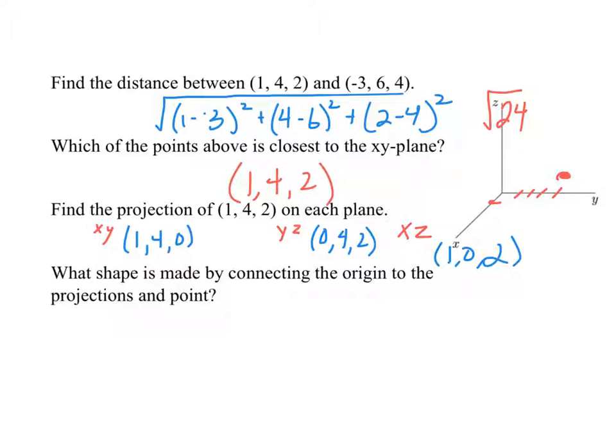Now, if you think about those points, and I can kind of sketch those in a little bit, 1, 4, 0 is here, 0, 4, 2 is maybe back in there, 1, 0, 2 is maybe up here. If you connected the origin to these kind of projection points, what would it end up looking like?